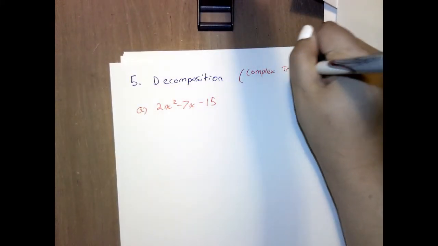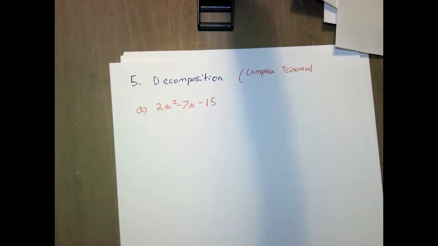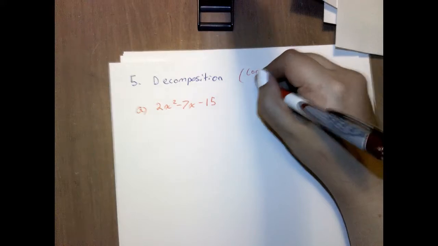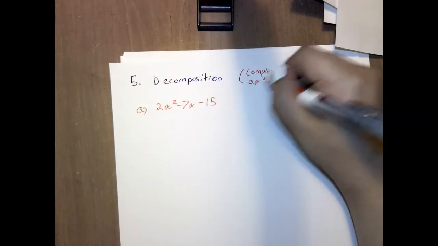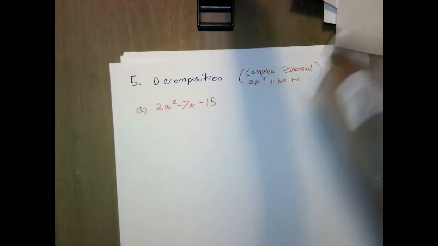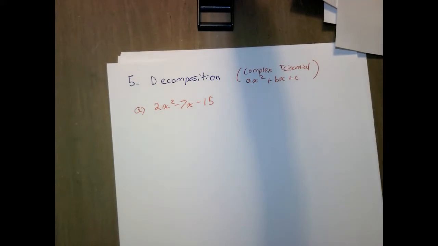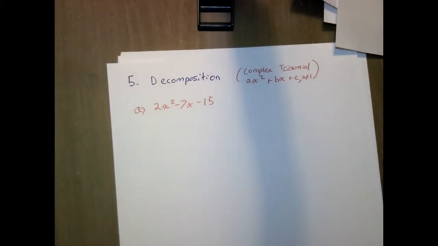It's called a trinomial because there's 3 terms, right? So we have a quadratic form trinomial here, ax squared plus bx plus c. This is a standard form quadratic equation, and in this case, a is not equal to 1, right?